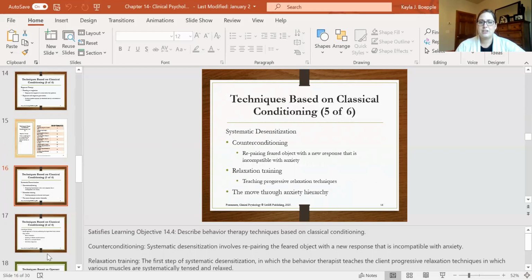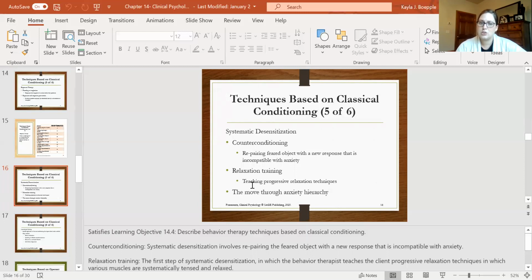Some other tools that we can use are systematic desensitization. One way we would do that is through counter conditioning. So repairing feared objects with a new response that is incompatible with anxiety. Instead of pairing it with a person becoming stressed and anxious, we'd work on breathing techniques. We'd work on relaxation techniques so that our heart rate wouldn't get so high and we wouldn't have that shallow breathing.